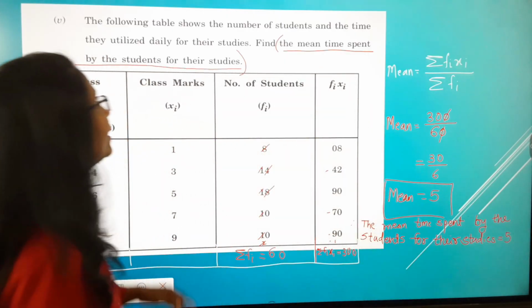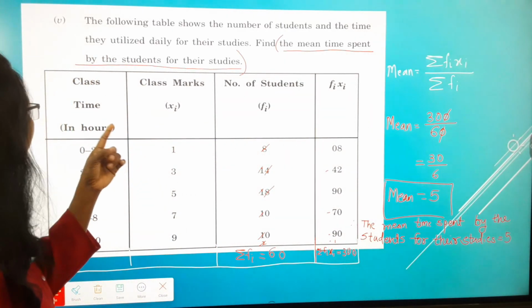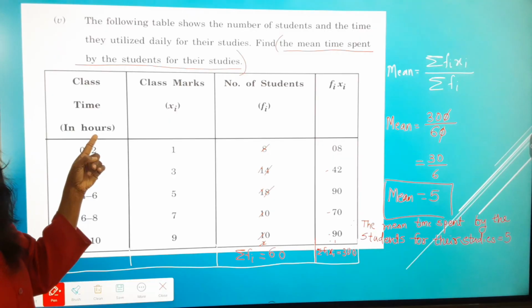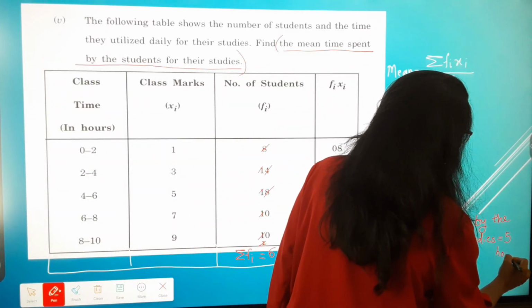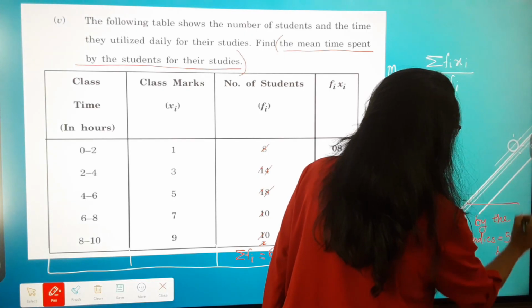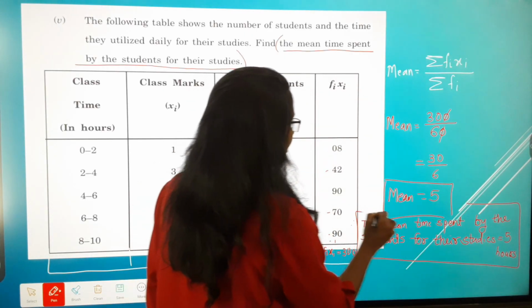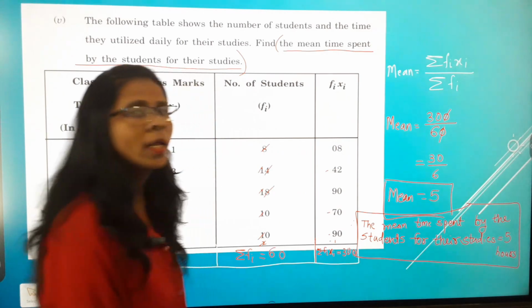And what is the 5? Here the 5 is in hours. Okay, it is given in hours, so here it is 5 hours. Okay, the final answer is 5 hours. Okay students.